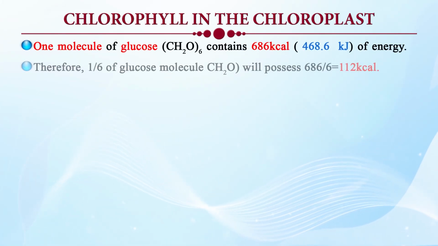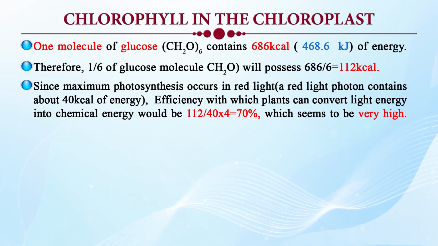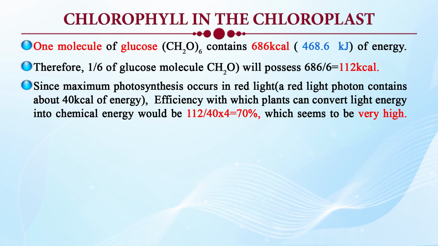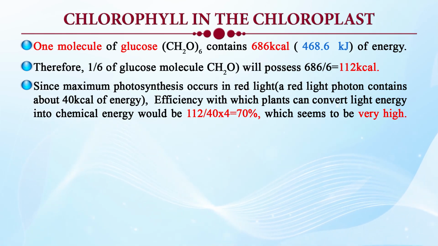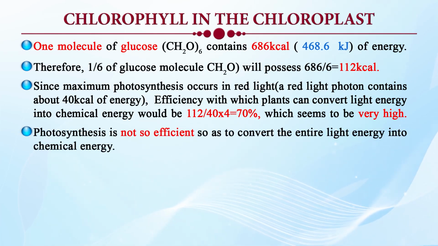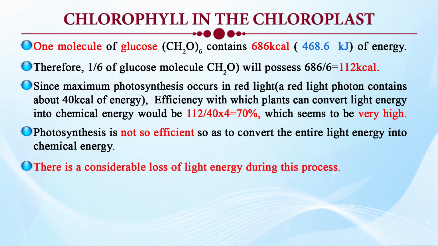So, that means maximum photosynthesis, we agree, occurs in red light, because the blue light excitation also now transfers its energy to the other one, and therefore, according to Warburg, the efficiency seems to be 70%, which seems to be very high, as I just mentioned. So, photosynthesis in reality is not so efficient as was shown statistically, and definitely there is a considerable loss of light energy also.